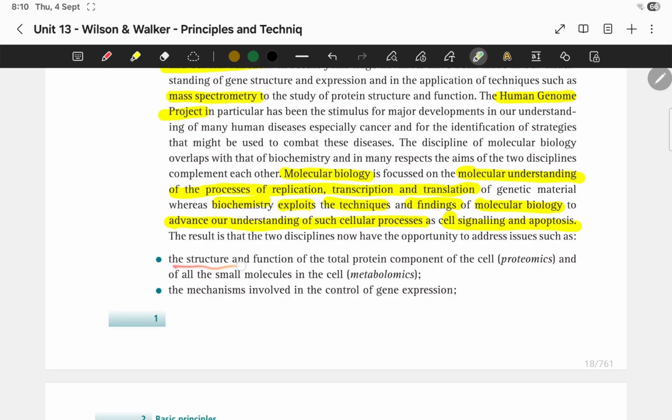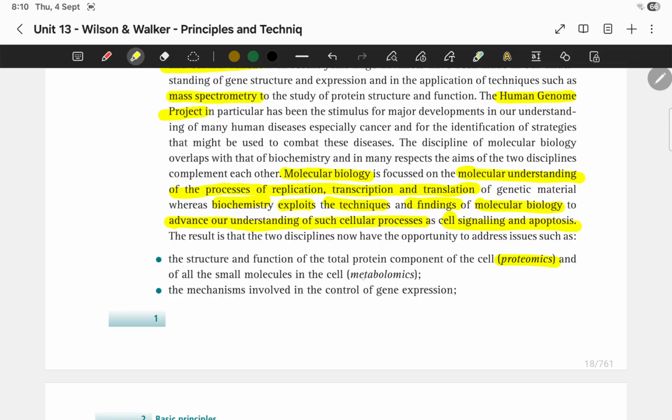The result is that the two disciplines now have the opportunity to address issues such as the structure and function of the total protein components of the cell. That is proteomics: understanding the structure and function of the total protein component of the cell.